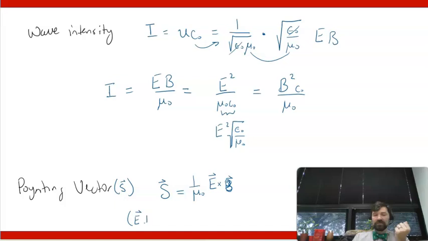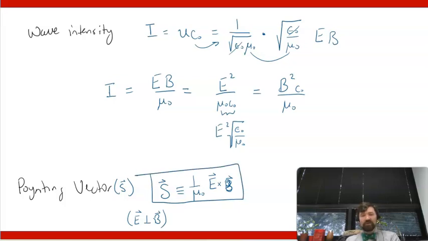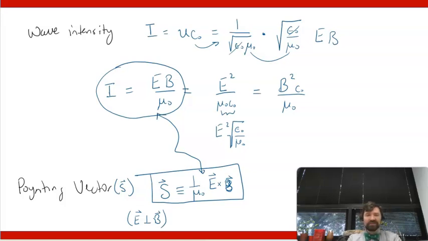So the Poynting vector S, defined this way, has as its magnitude 1 over mu naught EB. But that's just the same as the intensity that we found up here. So the magnitude of the Poynting vector is the intensity. The direction in turn is the direction of propagation of our electromagnetic wave.